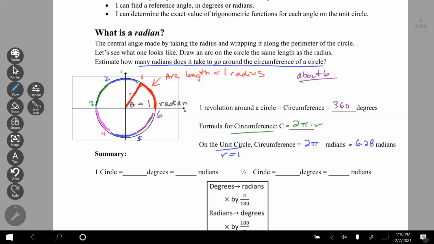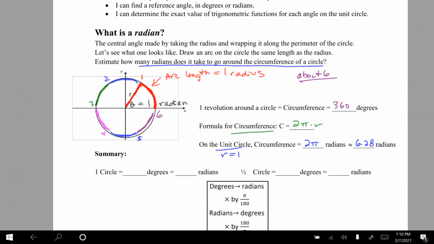That's why this is a little bit short. The reason why radians are better than degrees is that a degree is kind of like opening up a door so many degrees, like a wedge opening. A radian is actually a perimeter length, or an arc length, on the circle, something we can measure as a length.